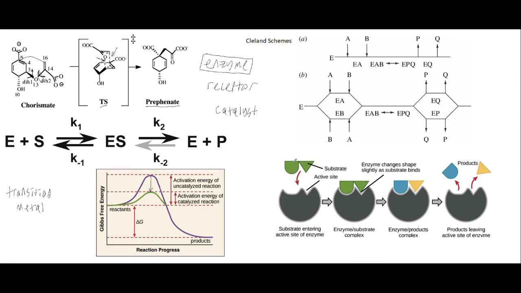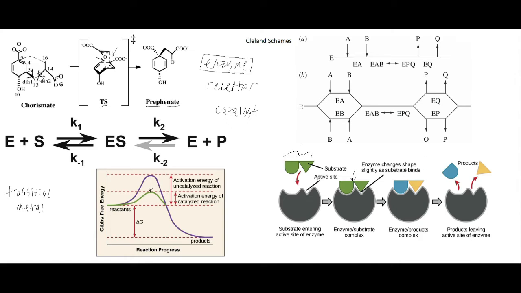And so down here, this is just sort of a schematic picture of it, where we have a substrate, and so kind of the canonical way of showing a substrate is it's one thing, and we want to split it into two, and so we're breaking a bond right there, and it turns it into two things. But enzymes can also do the other thing.